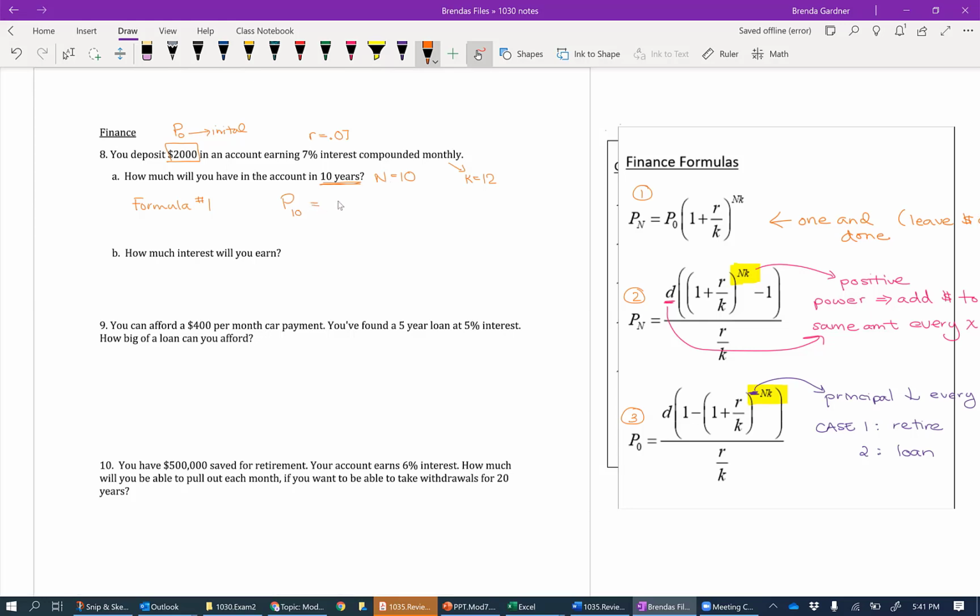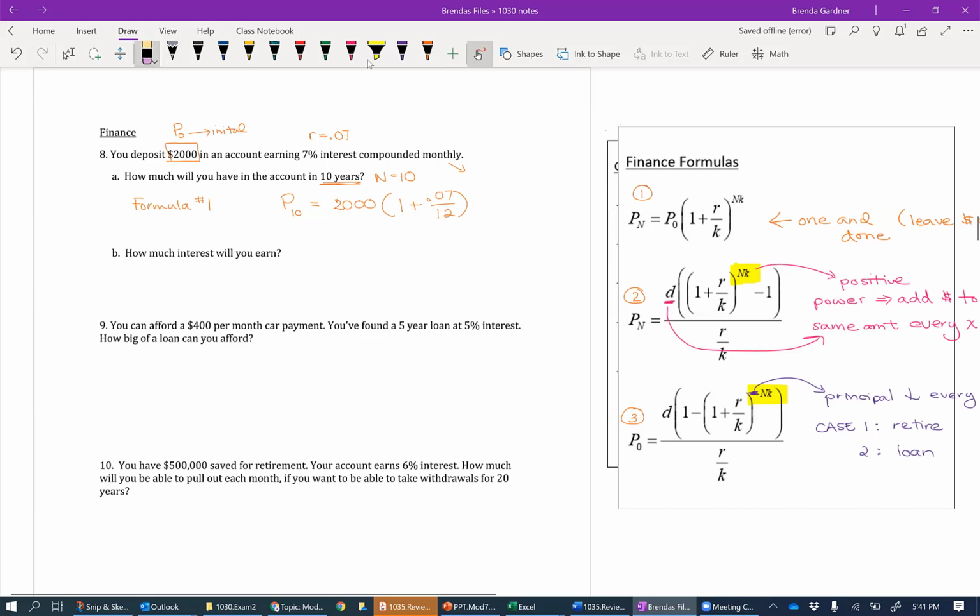That P sub 10 is going to be 2000 times 1 plus 0.07 over 12, to the 12 times 10. And I do suggest you do that multiplication before you throw anything in your calculator, so that you have a single power there.